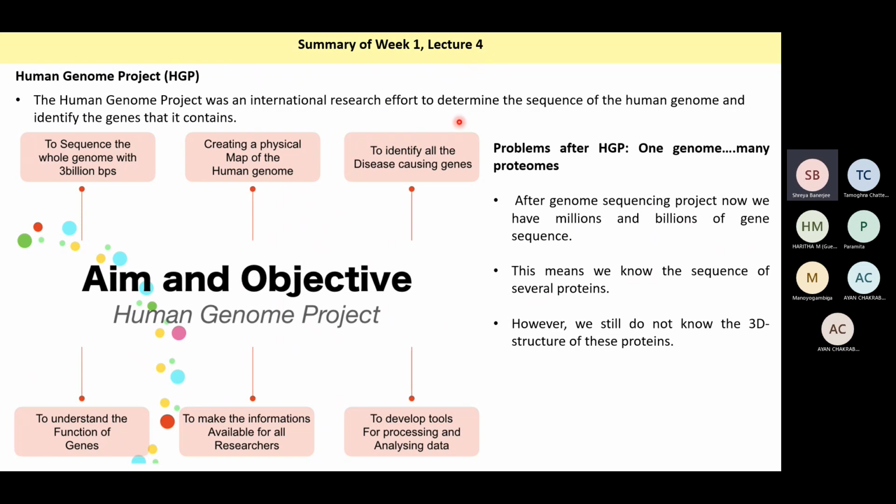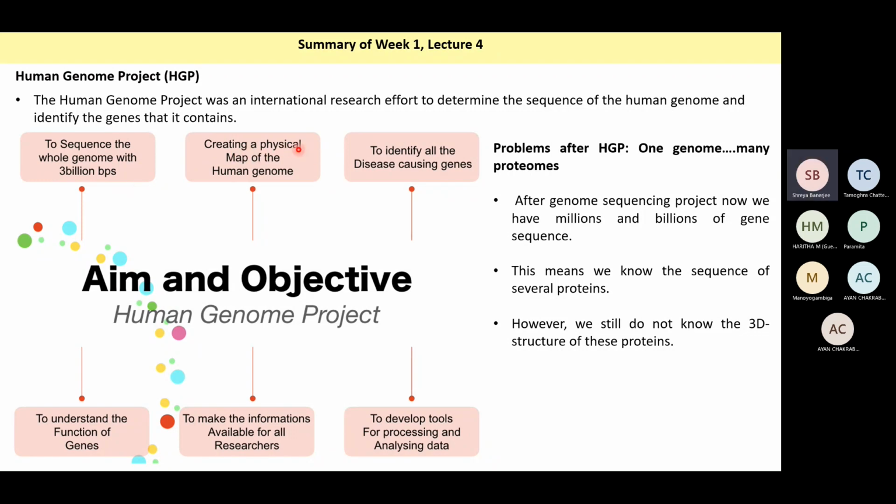In lecture 4, Sir also talked about the Human Genome Project, or HGP. So the Human Genome Project was an international research effort to determine the sequence of the human genome and identify the genes that it contains. There were many aims of this Human Genome Project. Firstly, to sequence the whole genome with 3 billion base pairs.